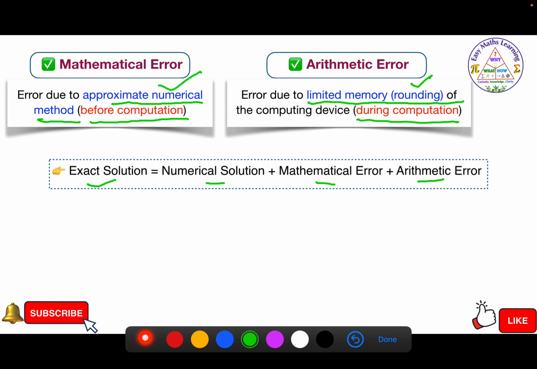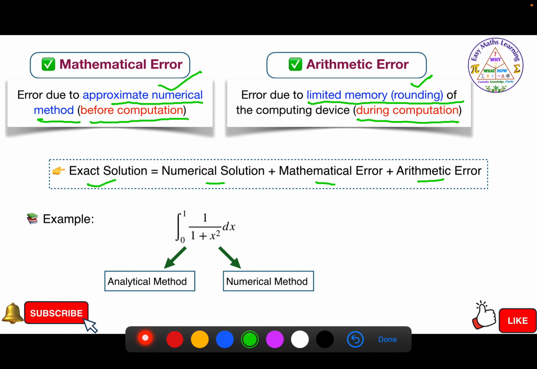To understand this clearly, let us take an example of the integral 0 to 1 of the function 1 by 1 plus x square. So we will solve this integral using both the methods, analytical method and numerical method.